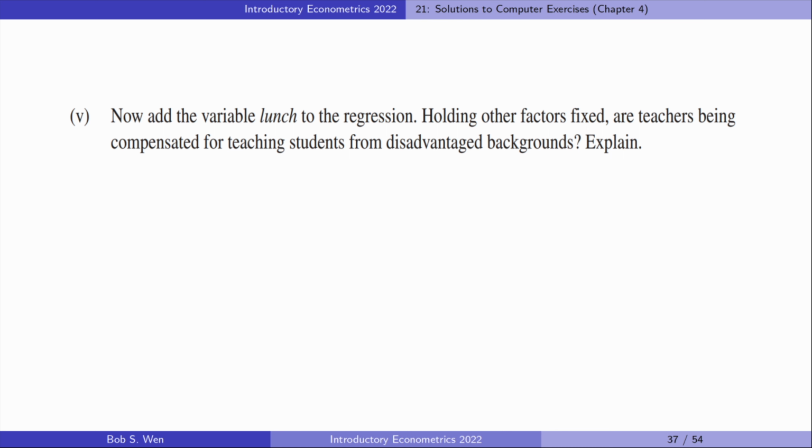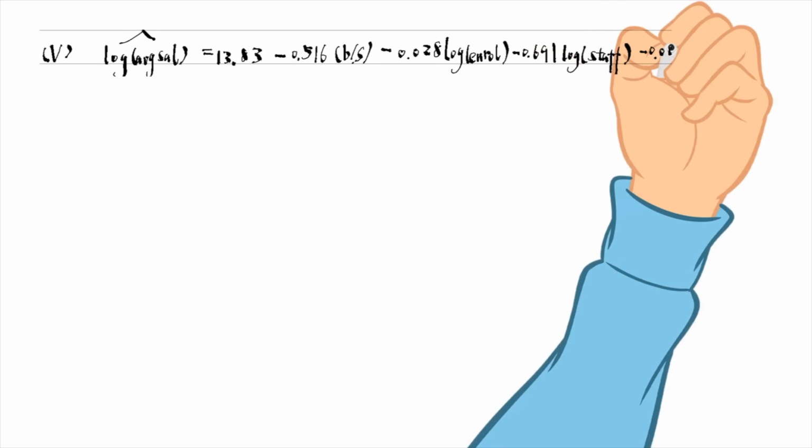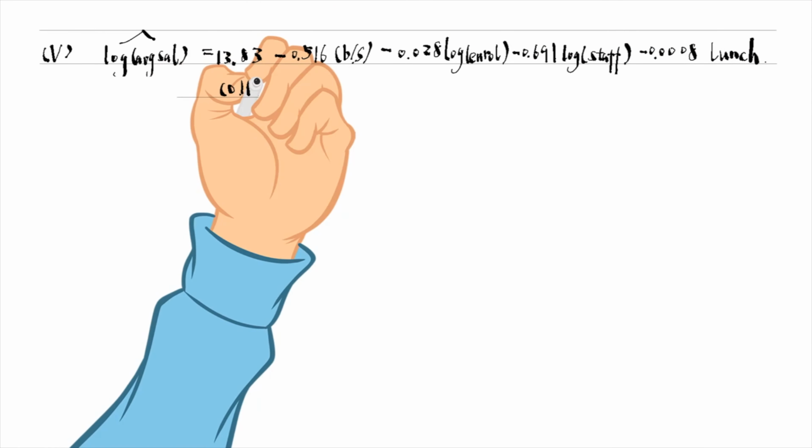We add the variable lunch to the regression in Part 5. The percentage of students eligible for free lunch measures the percentage of disadvantaged students. The estimate of the coefficient is negative.